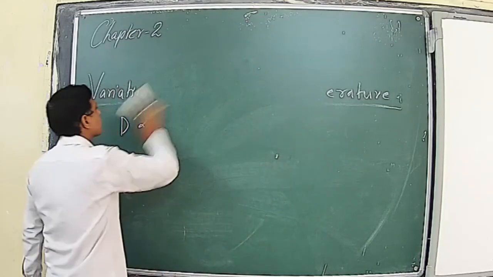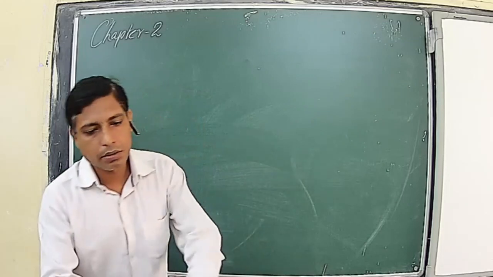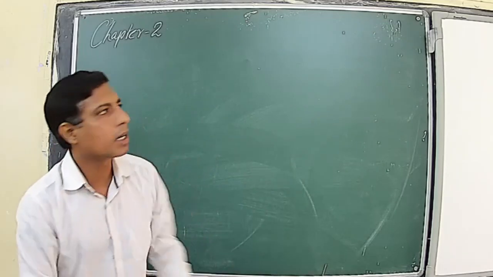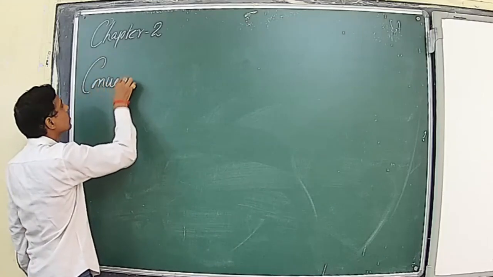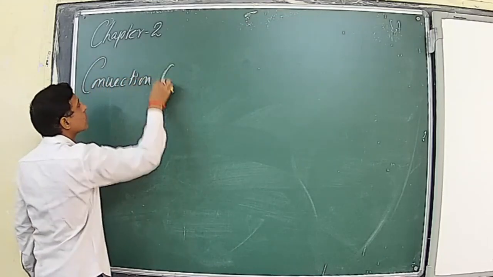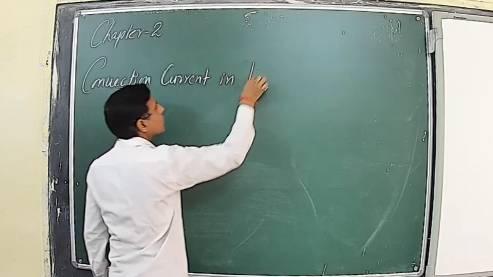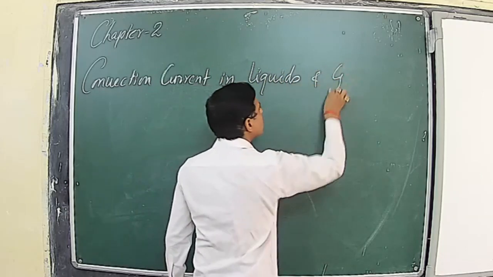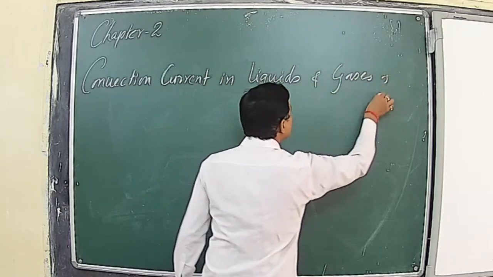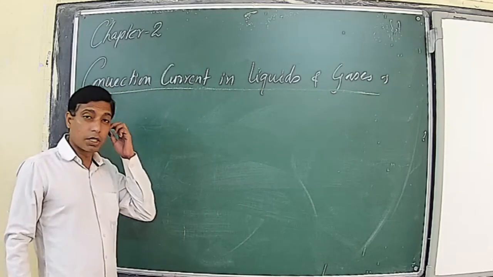Now the next one is convectional current. Convection current in liquids and gases. Now what is convection current and how is it formed?